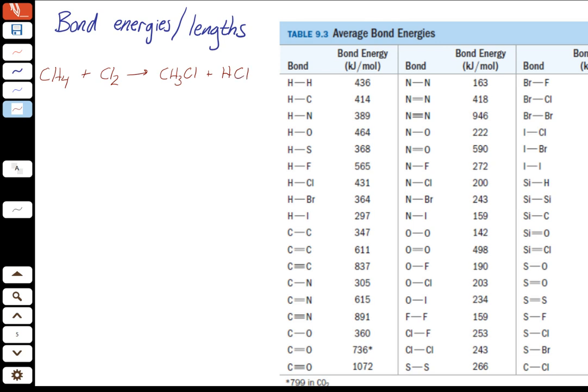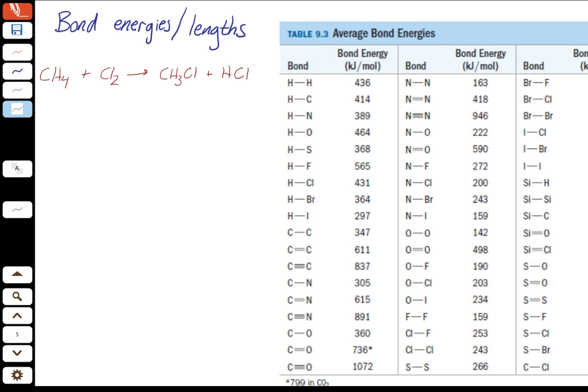We can look at that reaction and say, okay, what's happening here? This is all covalent, so it's not like precipitation reactions or whatever. But we can say in this reaction, a CH bond is breaking, a Cl-Cl bond is breaking, and a CCl bond is forming and an HCl bond is forming.